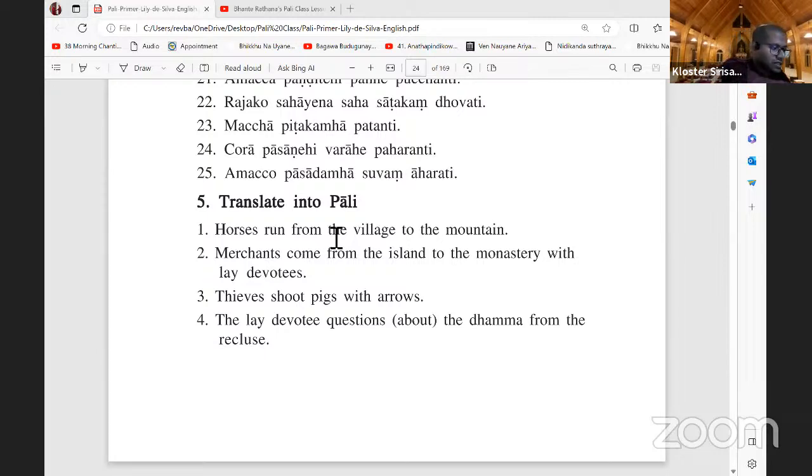That's what we have to understand, by using these systems, how to perform the Pali grammar, 8 cases, and form the sentence. So very good. And the second one is: merchants come from the island to the monastery with lay devotees.